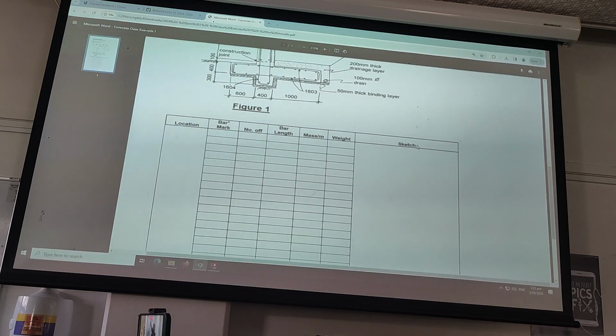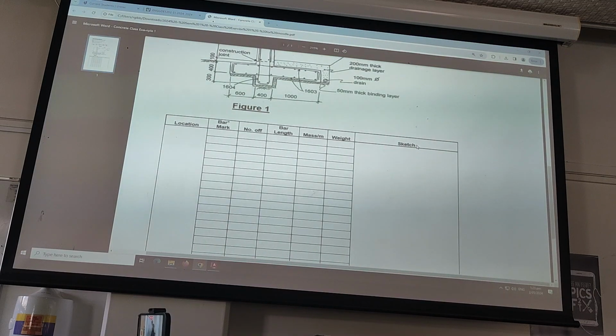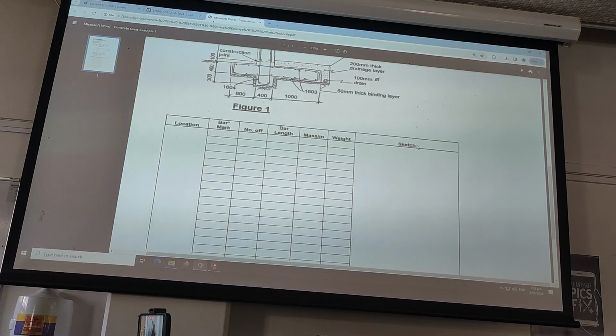Number off, bar length, then we have mass per metre, and then we have the sketch. That's 2.450. Number off.